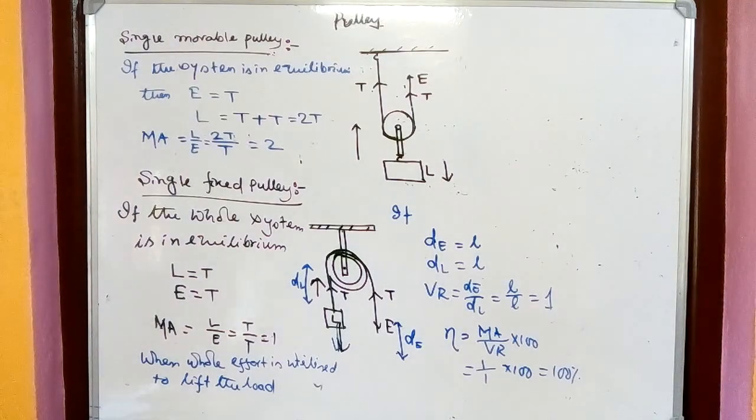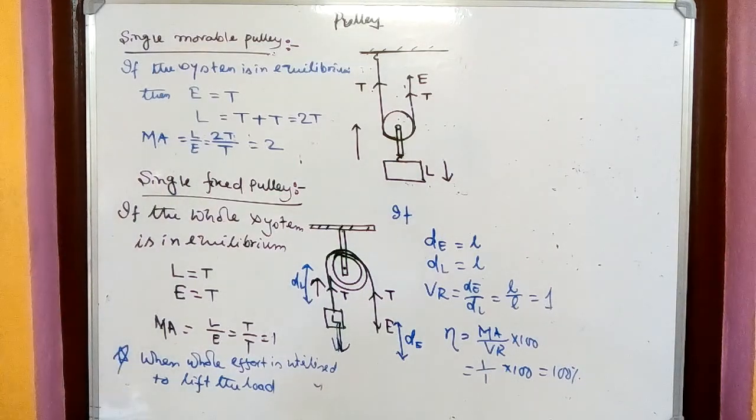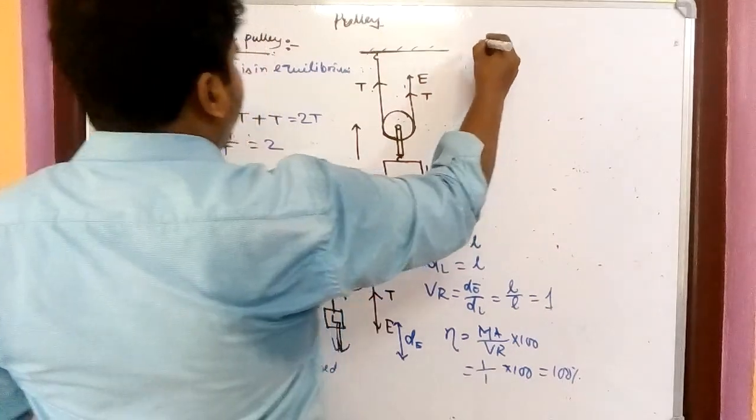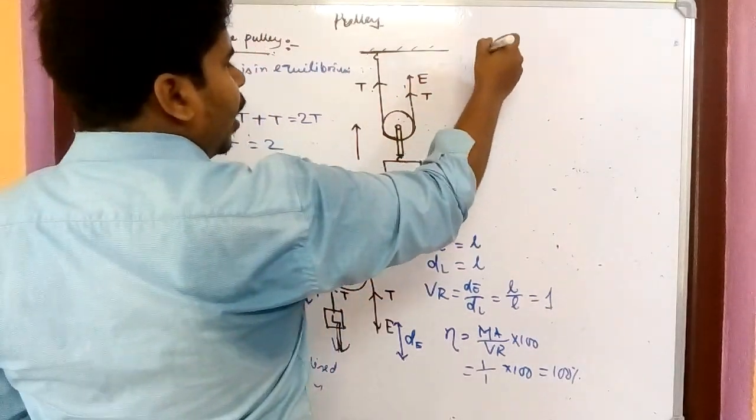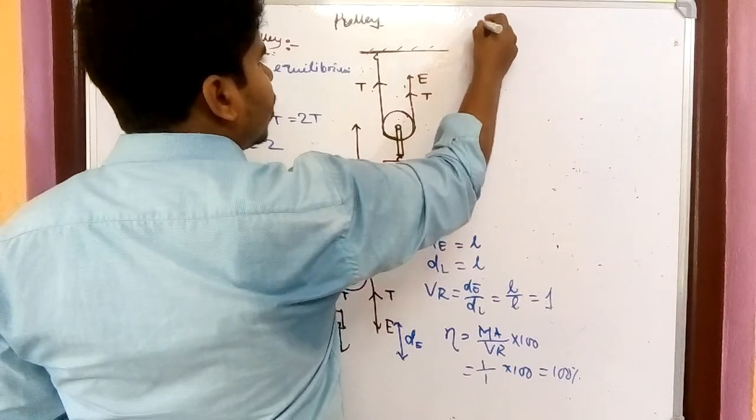Here also we have to mention one thing, that whole effort is used to lift the load, otherwise mechanical advantage cannot be 2, it should be less than 2. Coming to the next part, we have to discuss velocity ratio.